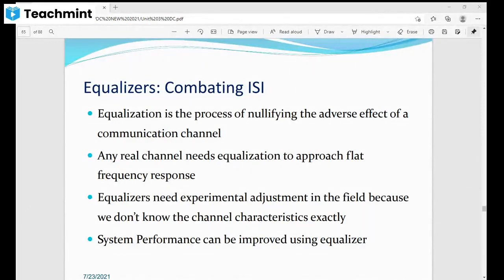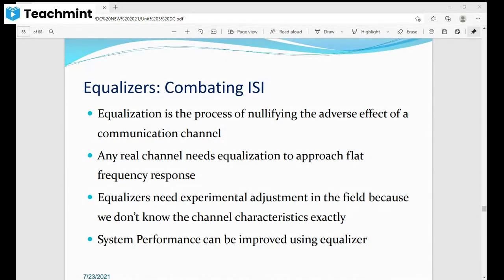We discussed a technique using a sinc function or raised cosine wave, with which we can reduce the effect of ISI. Before going to see the equalizer, we will see the eye pattern.